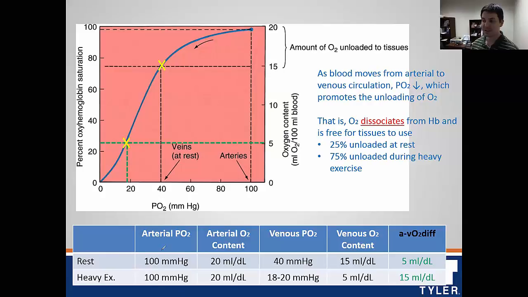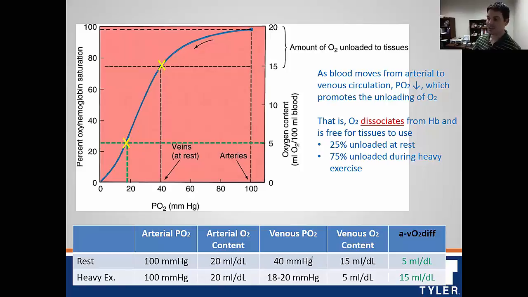Arterial PO2 is not going to change for most people. So we're able to keep that PO2 at the lungs. This is, again, kind of an average of the lungs and the arteries. Then our arterial content isn't going to change because our arterial PO2 is the same. So we're going to fully saturate all of our hemoglobin here.